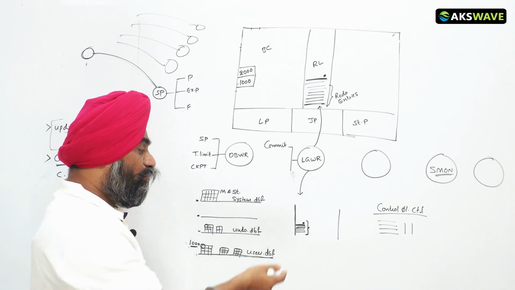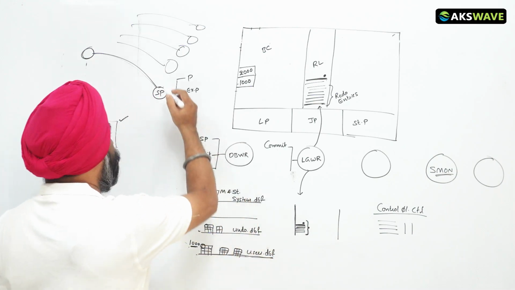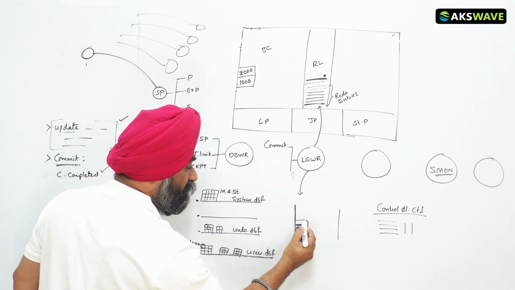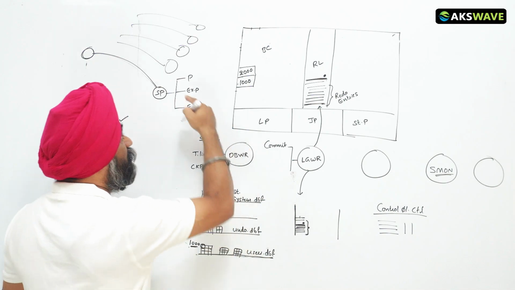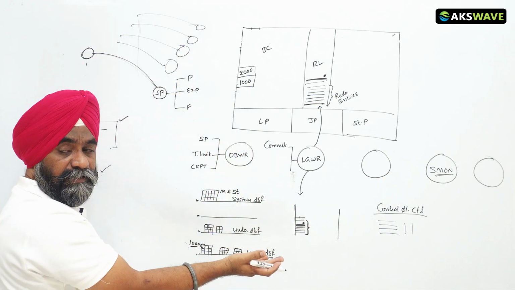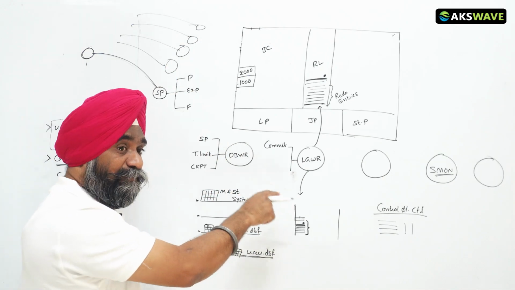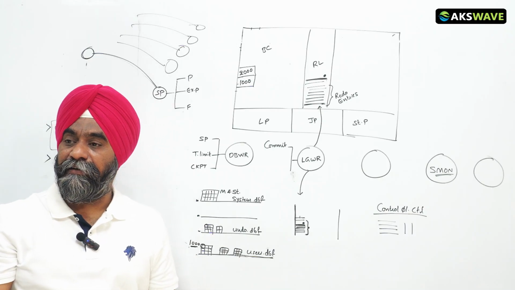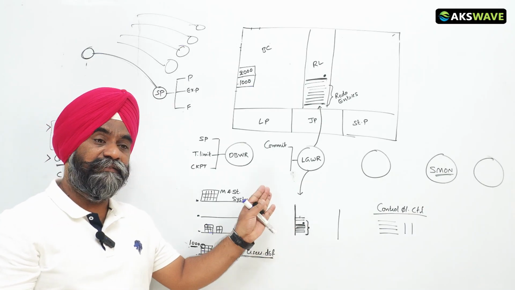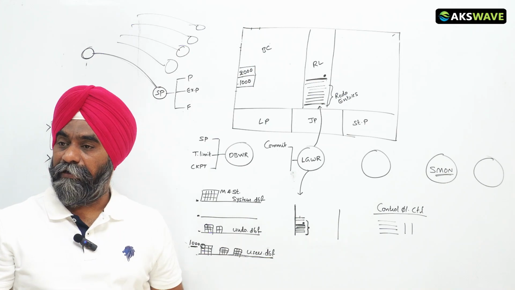If there are no commits, there might be some other users who also submitted statements but before they said commit, the server crashed. So there is no commit at the end of those transactions. Then those transactions get rolled back automatically.